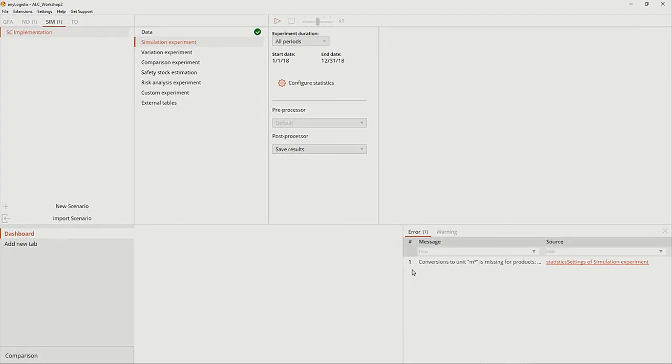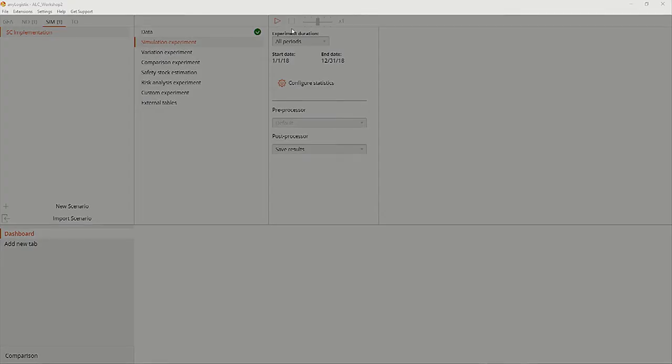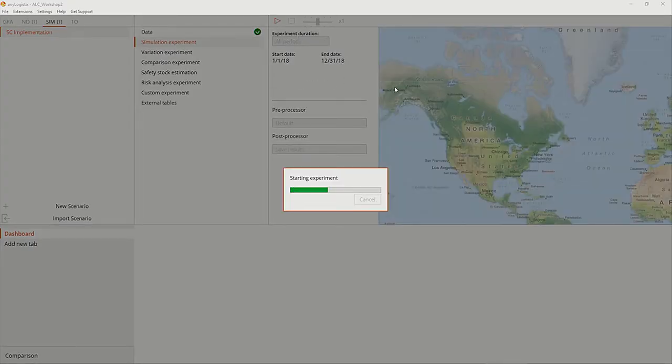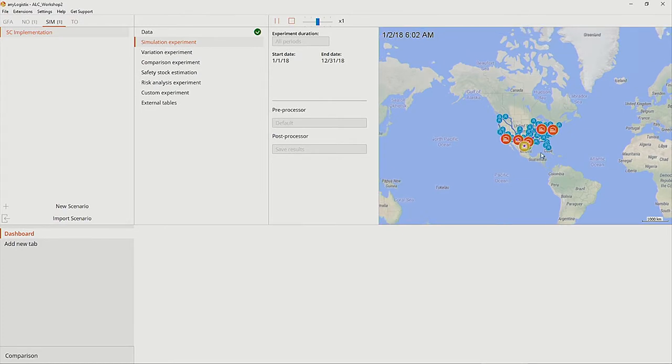The other way could be to define a conversion from pieces to cubic meters, but I will stay with just gathering statistics in pieces. And I will run an experiment.